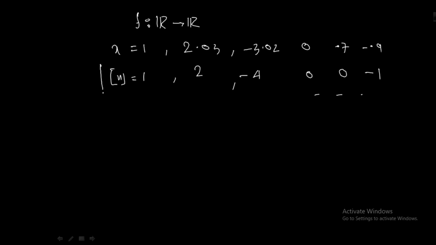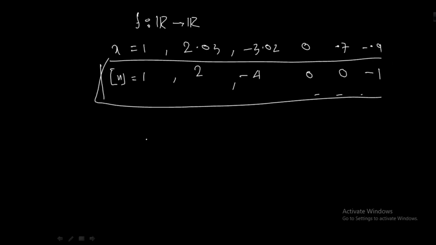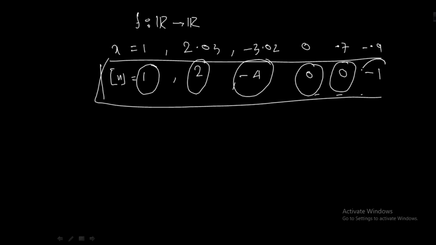So there is a common pattern in each of the images. What is the pattern? This is an integer, this is also an integer, this is also an integer, and so on. If you choose any real number, you will definitely see that the image of that real number is an integer.